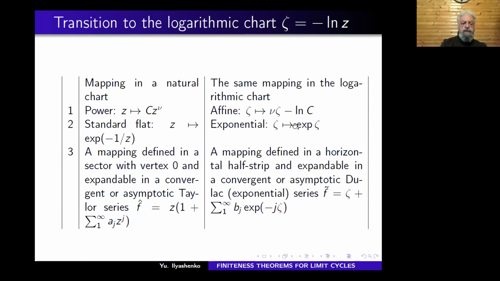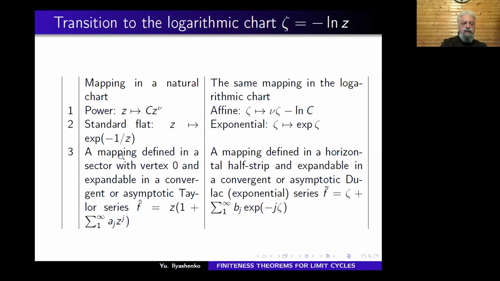The standard flat map dramatically pushed the point towards the fixed point 0. Now the fixed point is infinity, and the exponential map dramatically pushes the point towards the fixed point infinity.